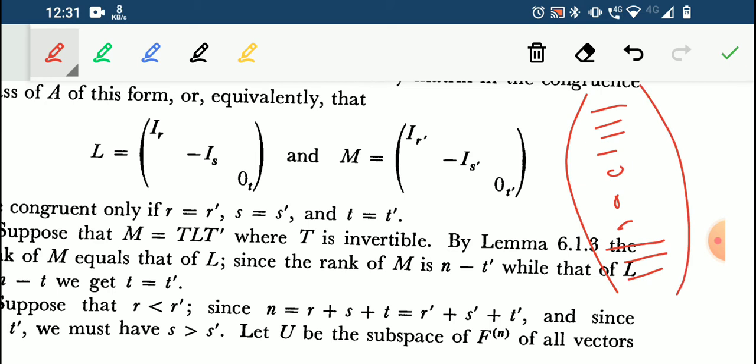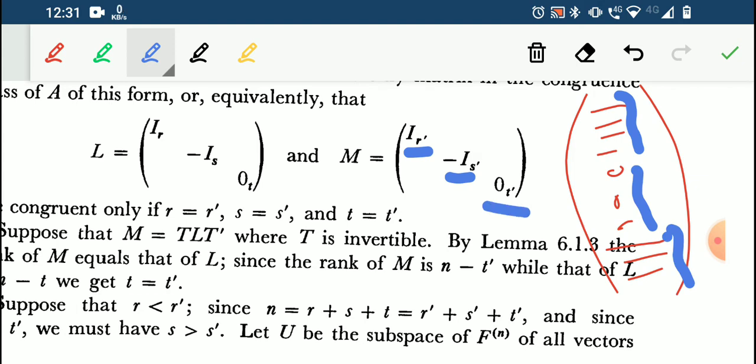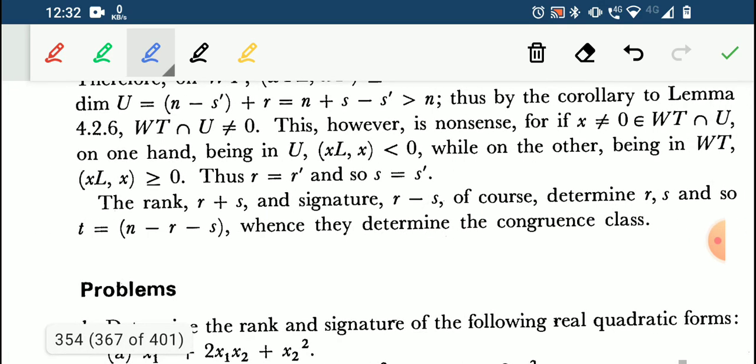The first elements multiply with I_r', these multiply with minus I_s' and become 0 only, and these multiply with 0_t, which once again becomes 0 only. So only the beginning terms will be there, I_r' times the first few terms which I had.